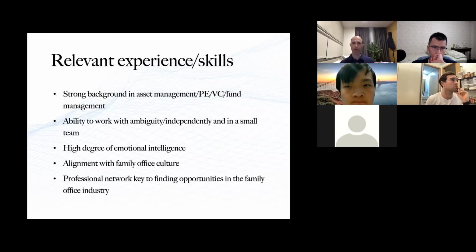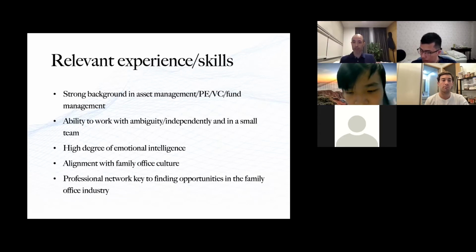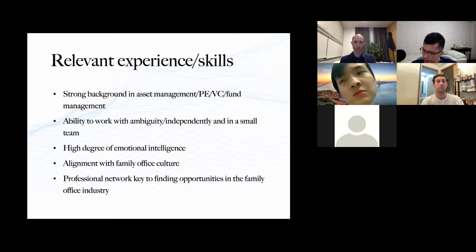The ability to work with ambiguity or to work independently and in a very small team. This is crucial. Family offices are very small organizations, and oftentimes you're just expected to do your job. You may not even know how to do it, and so you have to be resourceful. You have to be able to work without maybe having a very clear vision many times on what the family wants.